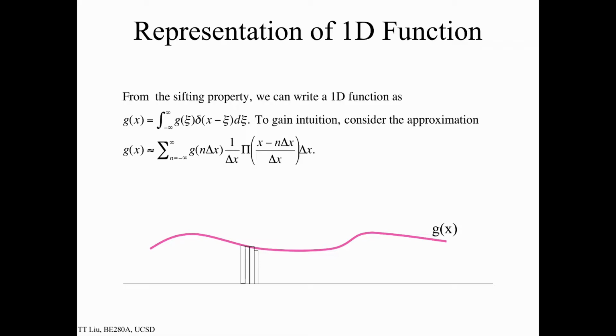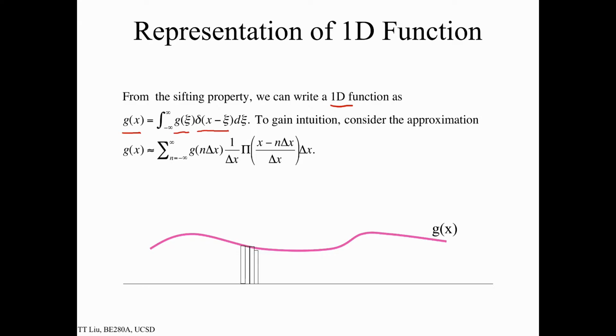The sifting property is very useful because it means that we can represent any 1D function as this integral here. Any function g of x can be written as a shifted delta function multiplied by a weight at the place where the delta function is non-zero. Essentially we're adding up shifted delta functions with appropriate weights. This is basically the same intuition as we had for Kronecker delta functions.